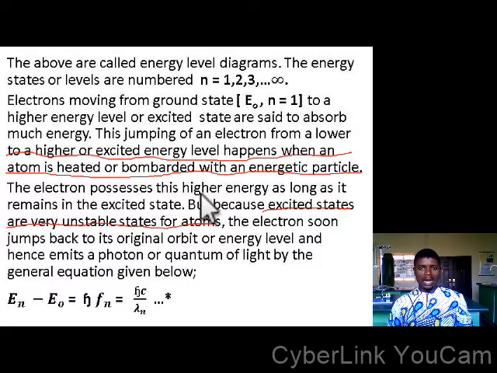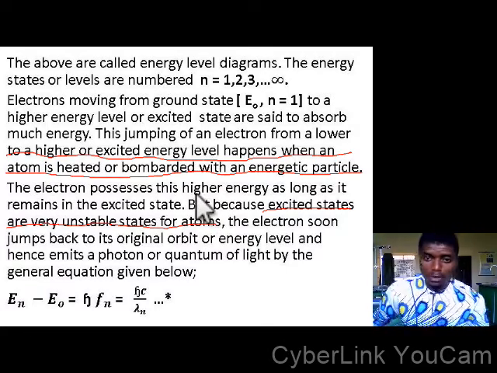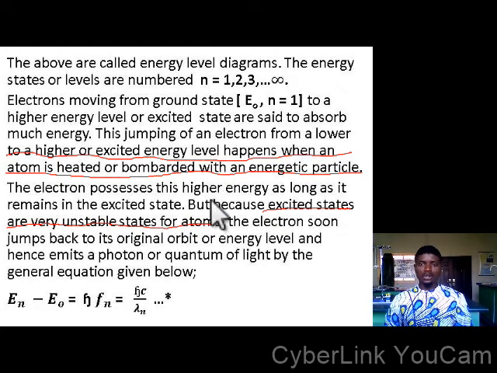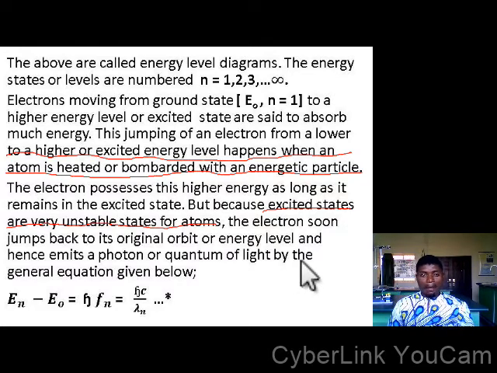This state I am in is highly unstable. Let me go back to that stable state I belong to. So, because the excited states are very unstable for atoms, the electron soon jumps back to its original orbit or energy level and hence emits a photon, a quantum of light, by the general equation.